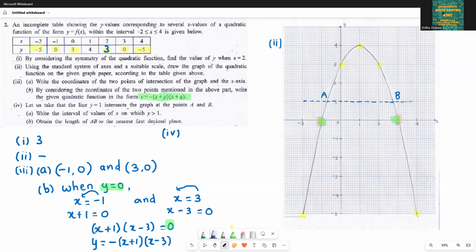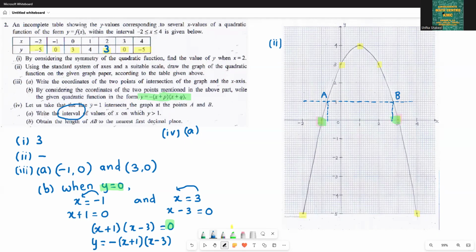And the A part in that one: write the interval of values of x for which y is greater than 1. For the interval you have to use the inequality symbol, or in shortened form, the crocodile mouth.